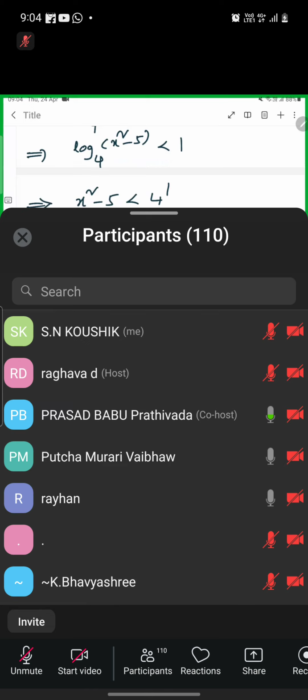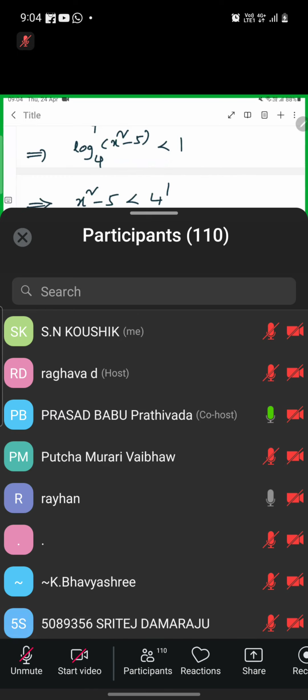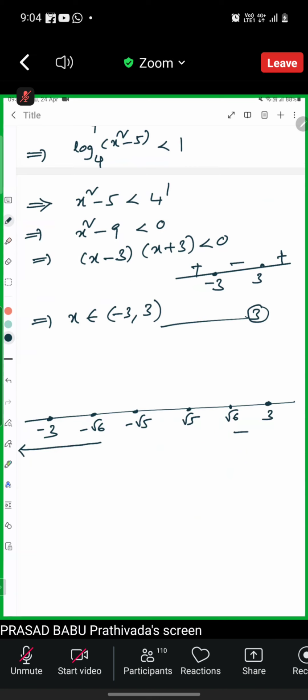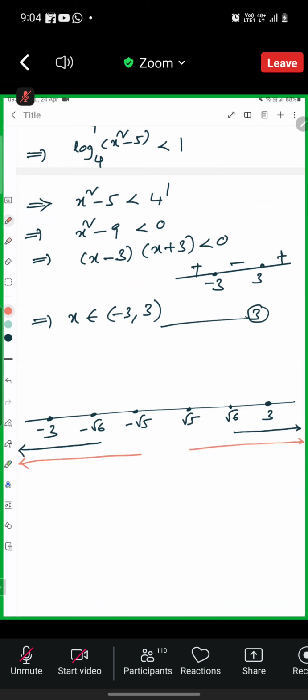The first inequality says the x values are less than minus root 6 and greater than root 6. The second inequality says the x values are less than minus root 5 and greater than root 5. The third inequality says the x values lie between minus 3 and 3.